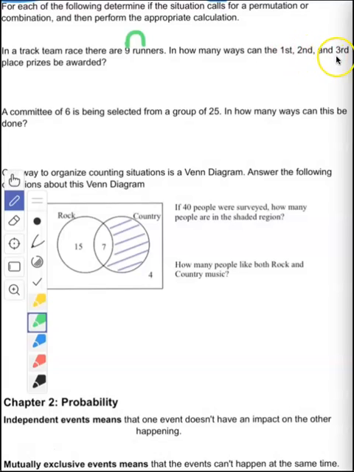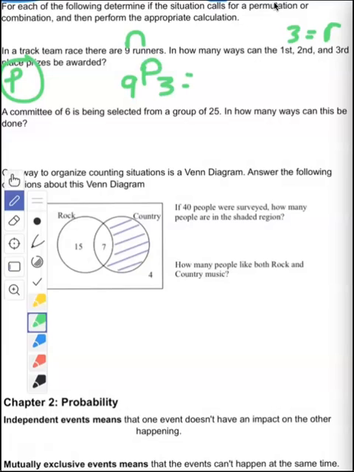So there's 1, 2, 3 different prizes that we're going to award. For this one, order does matter because the person that wins first place cannot also win second or third place. So this would be a permutation, which means we're going to use the P button instead of the C button. So there's 9 people and we're going to pick 3 of them.